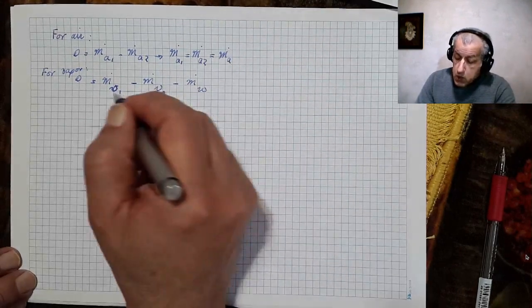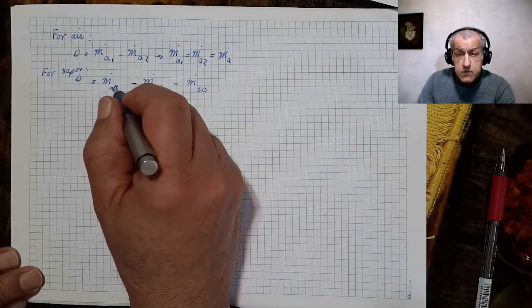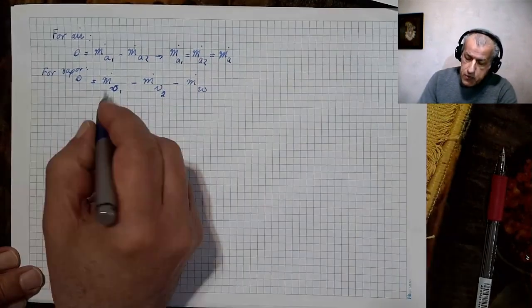Anyway, we usually write down these values as a portion of air mass flow rate.